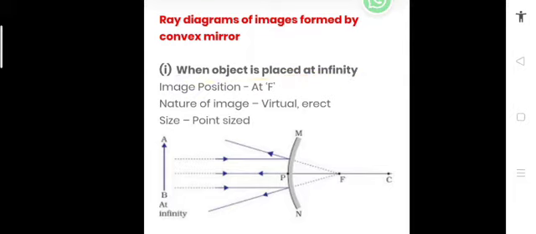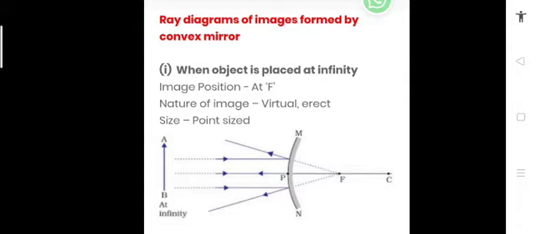We all know from the last class that when the object is placed at infinity, the rays coming from the object are parallel. The parallel rays coming from the object appear to come from a point after reflection.